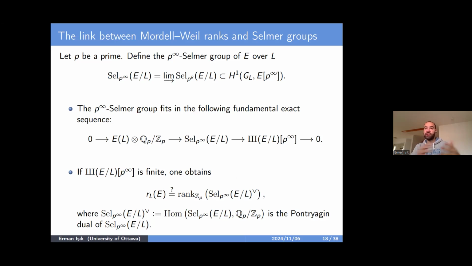So this relation, the Iwasawa main conjecture, and the fact that the rank of this object is related to the Mordell-Weil group allows people to study the Birch and Swinnerton-Dyer conjecture in certain cases. So they are indeed important tools to study the Mordell-Weil ranks and answer some questions, basically.